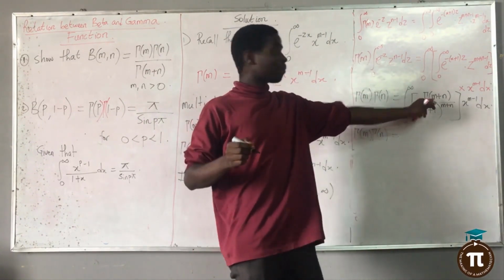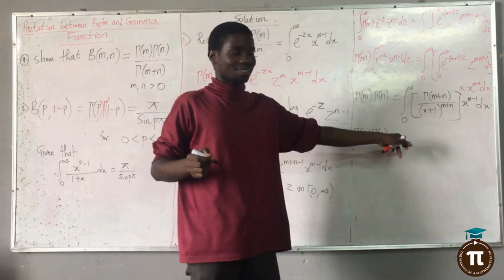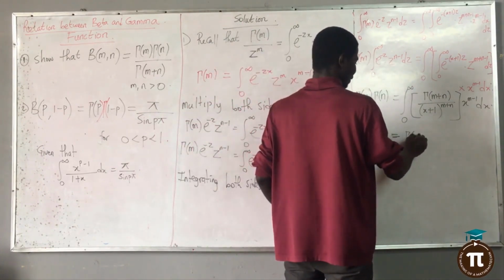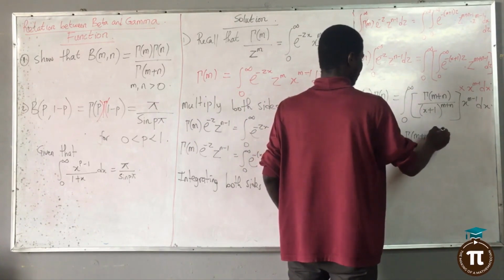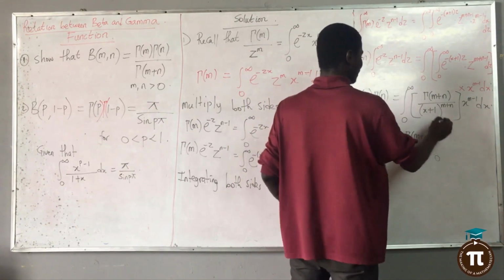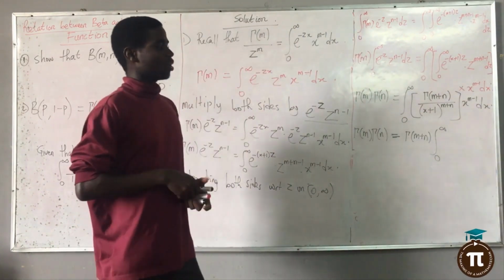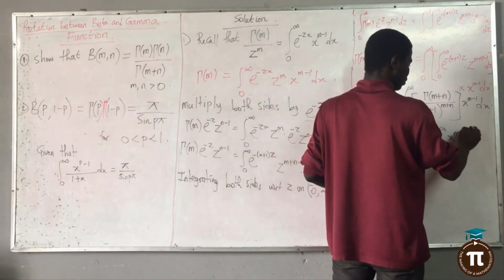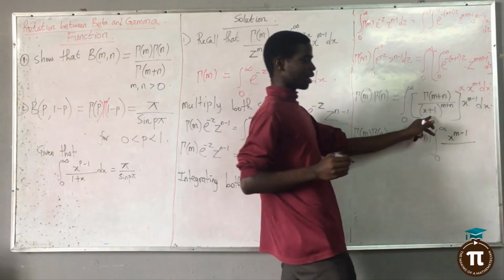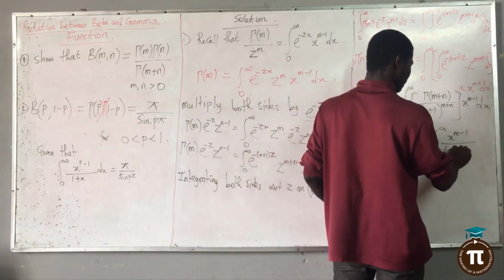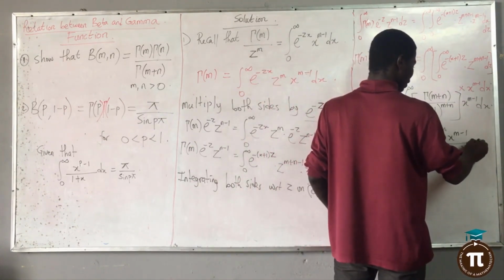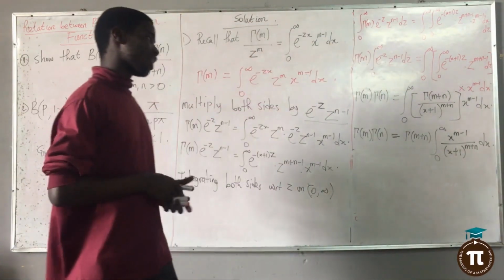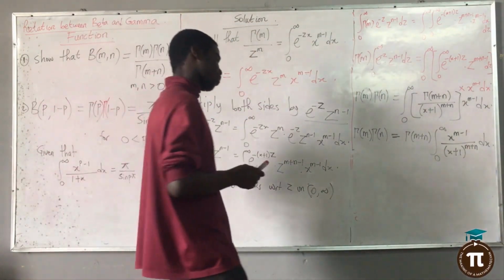Now, gamma of n plus n becomes a constant in this integral, so it can come out. It is equal to gamma of n plus n integral from 0 to infinity of x raised to the power of n minus 1 all over (x plus 1) raised to the power of n plus n dx.